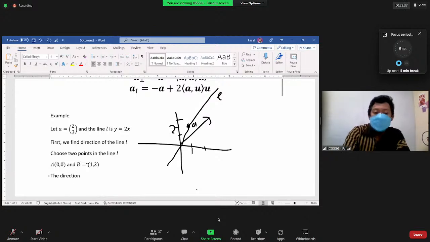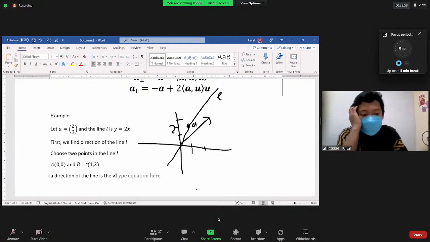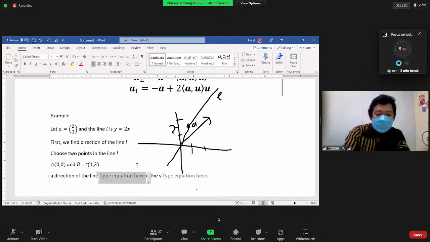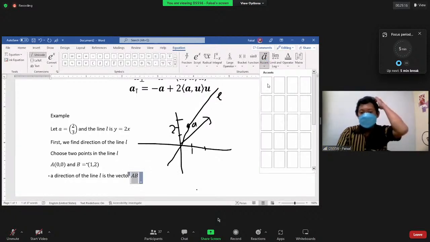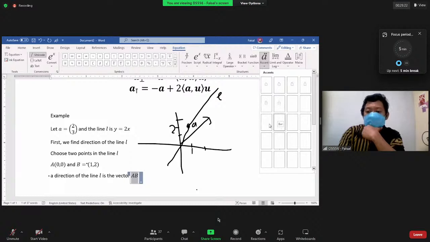We can compute the direction of the line L as the vector AB. So what is AB?